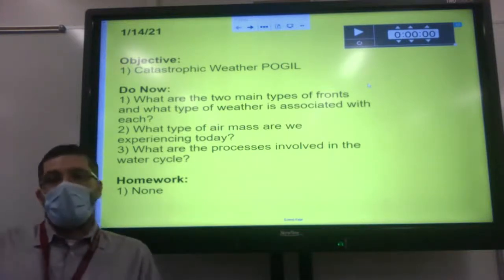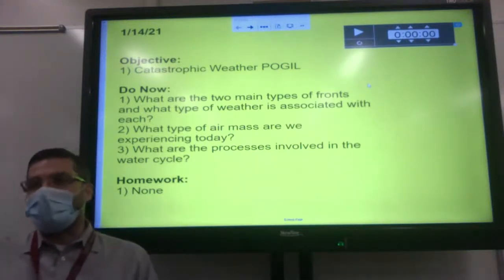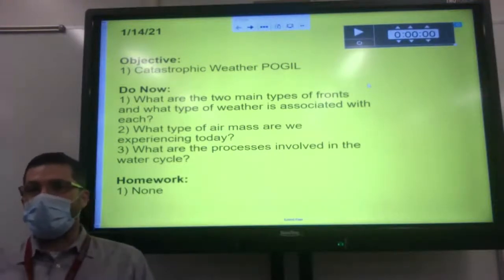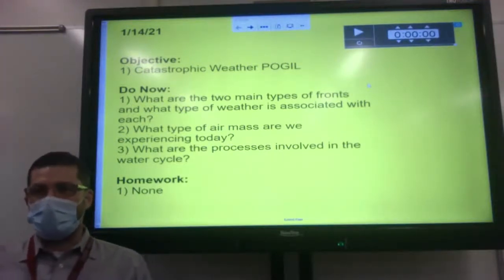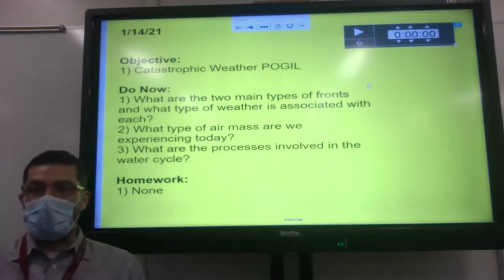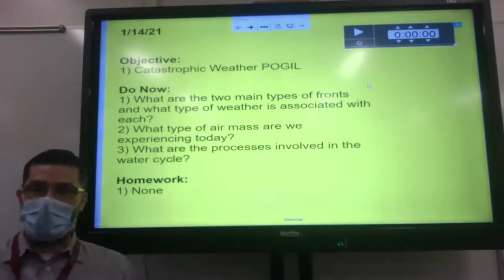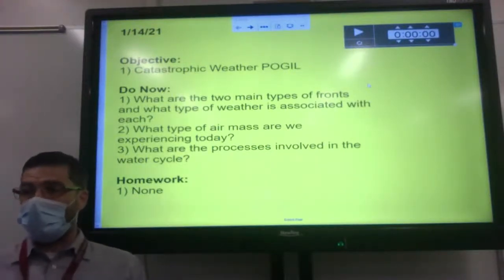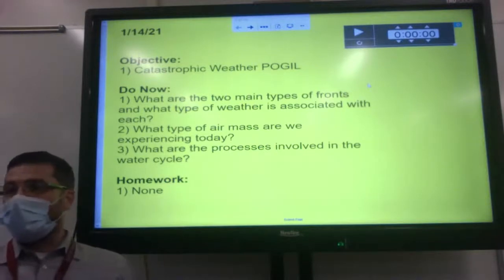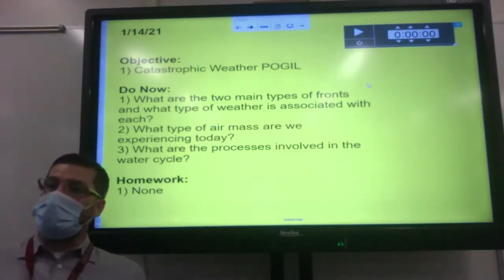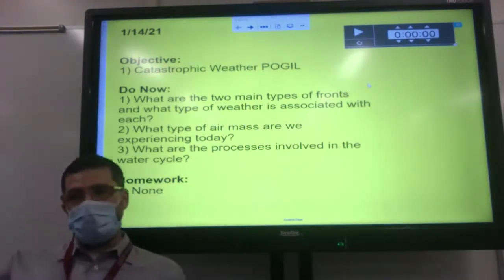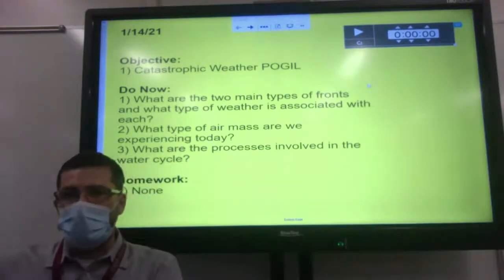Now, question 2. This is literally the 4th day in a row I am asking this question, and it is the 4th day in a row I should be getting the same answer because the weather has not changed in the last 4 days. It's been the same. Temperature-wise, no precipitation.